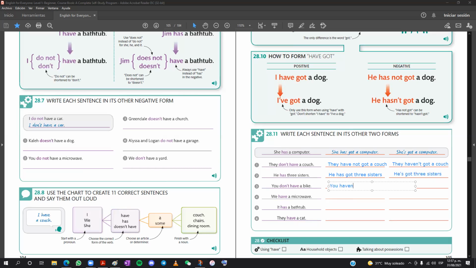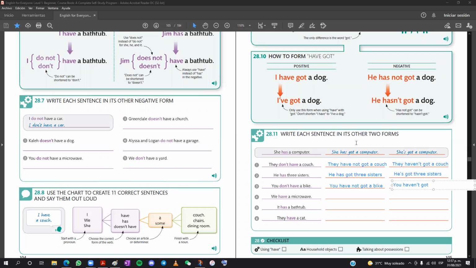You have not got a bike, que no es contractada. Y la otra, ¿cómo sería? La forma contractada. You haven't got a bike. Ok, también. Muy bien.